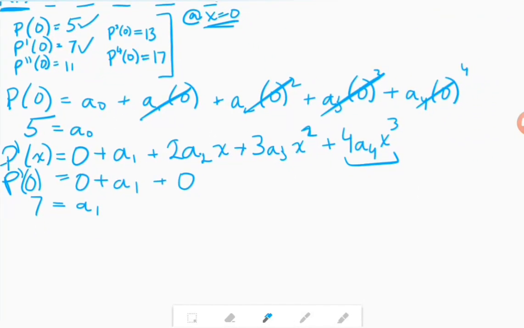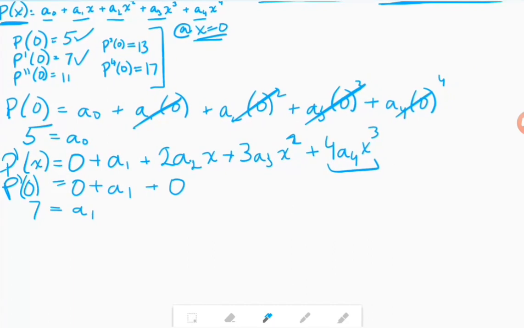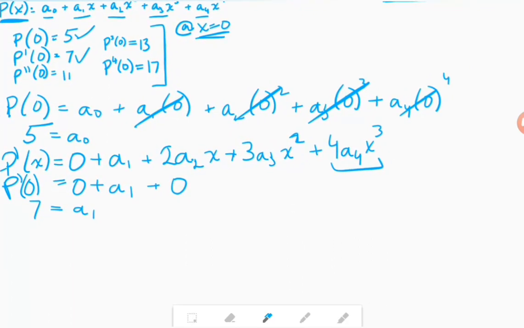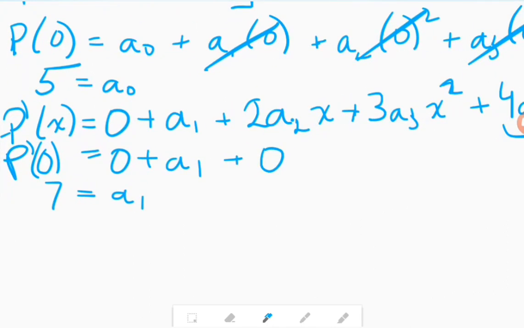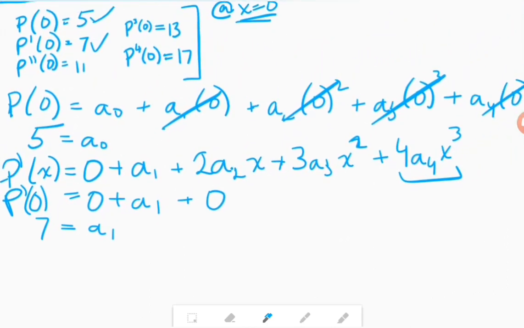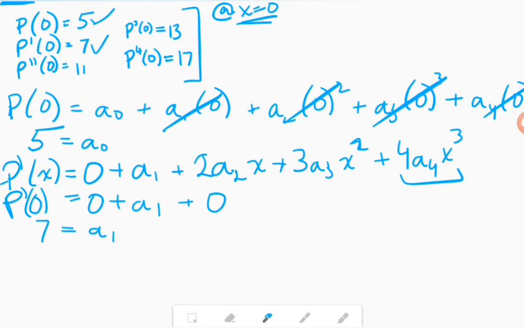Alright, so we have the a sub 0 value and we have the a sub 1 value. Now what is a sub 2 going to be? In order to find a sub 2, let's do the same thing we did with the first derivative, except now we're going to use the second derivative of the function.